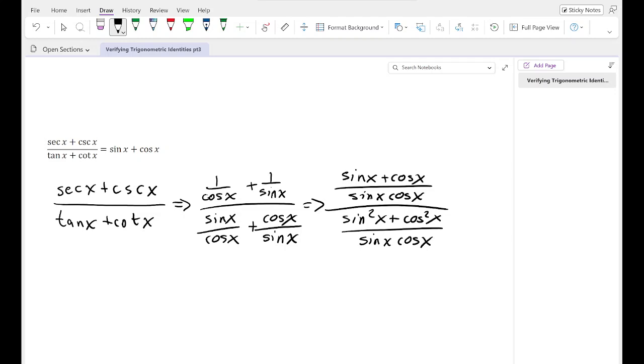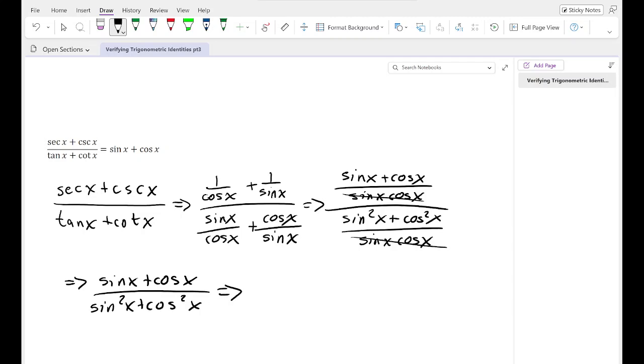Now both have the same denominator, sine x cosine x, so I can just get rid of those automatically. And I'm going to end up with sine x plus cosine x over sine squared x plus cosine squared x.